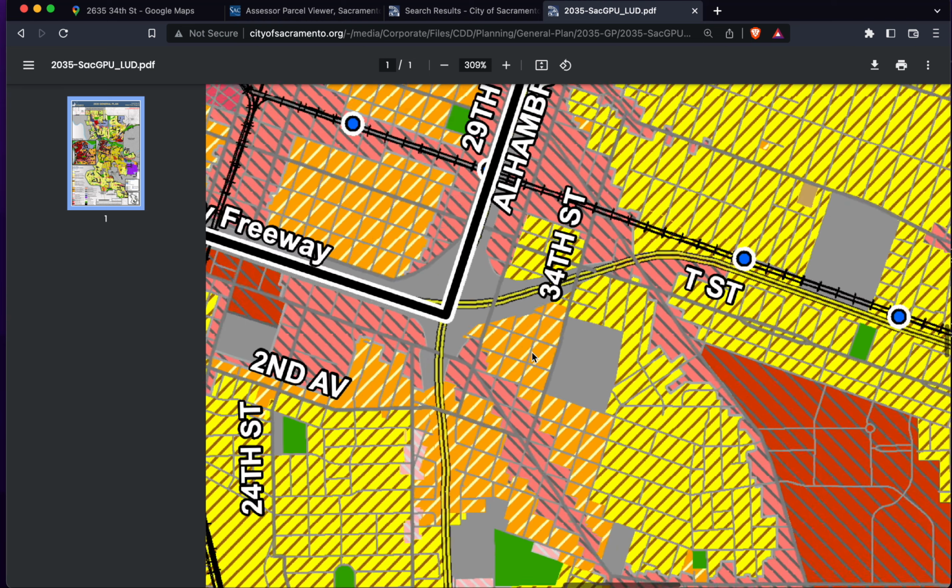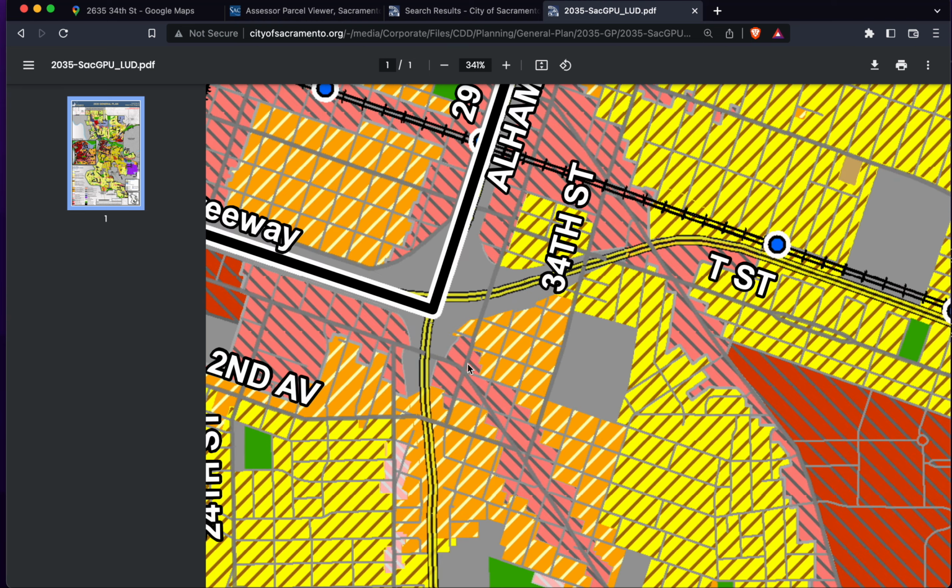It looks like we are somewhere within this area, and it could be this orange area, or it could be this one. It's really hard to tell, but 34th Street is this one, and Broadway is this one. The dark pink is about two blocks along Broadway. So this is Broadway, and we have a little triangle there.